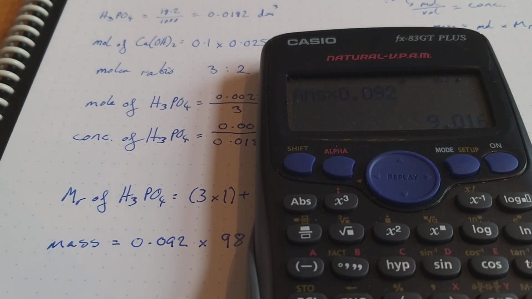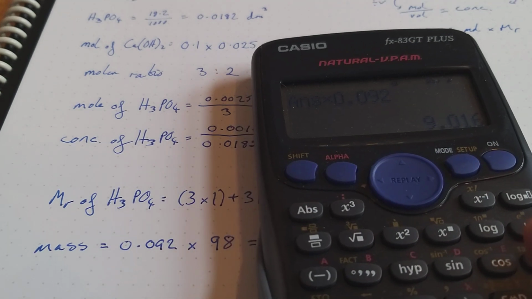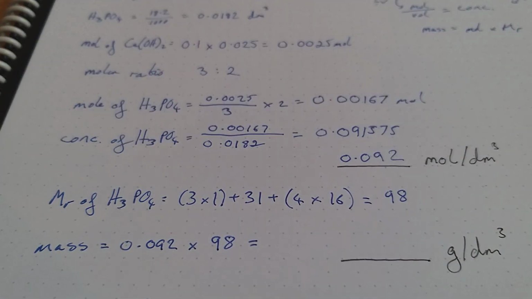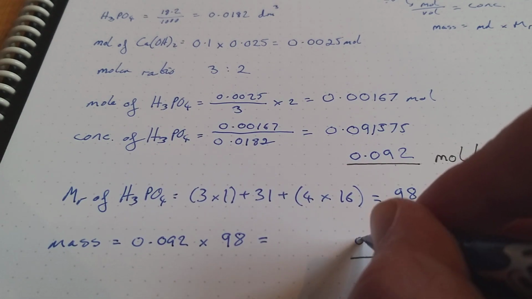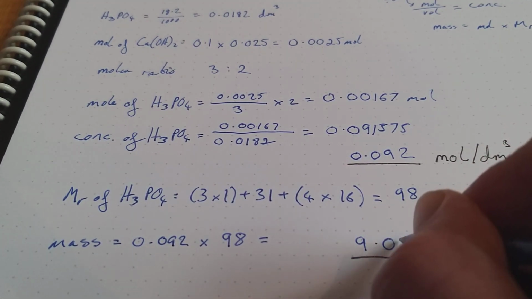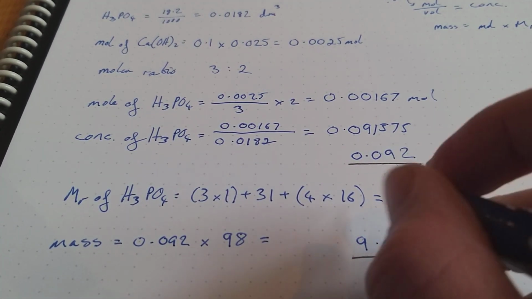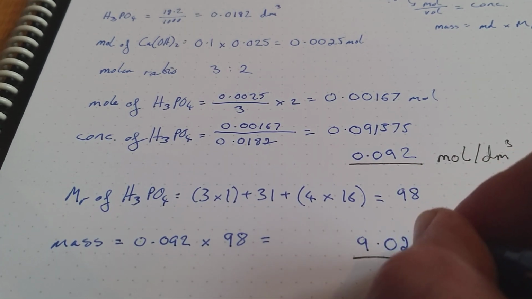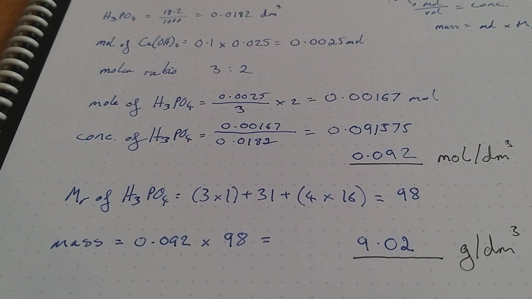So that gives us 9.016 grams per dm cubed. And let's do that to 2 decimal places. And that's our final answer.